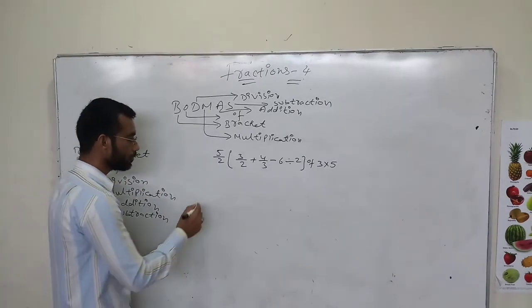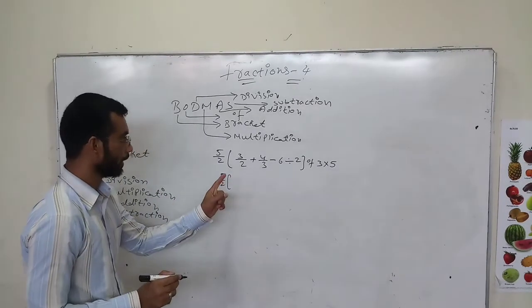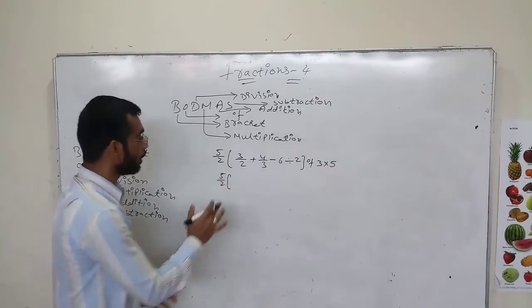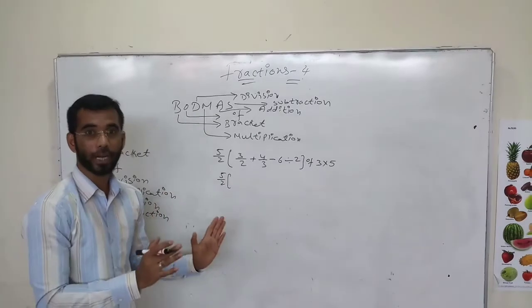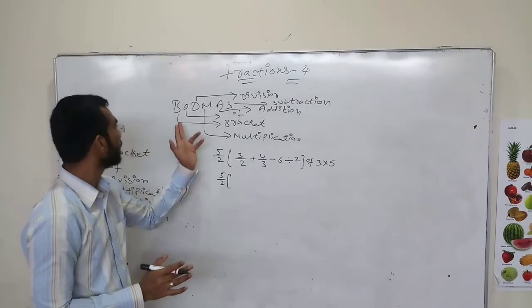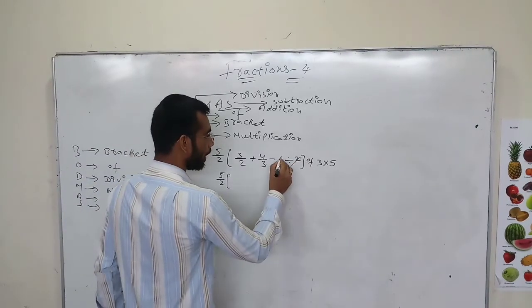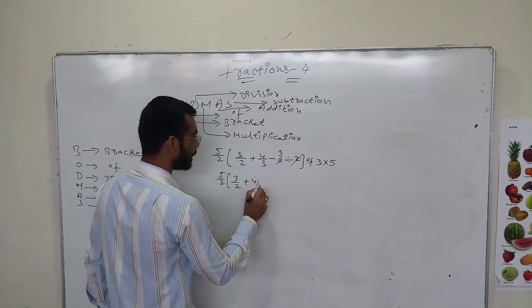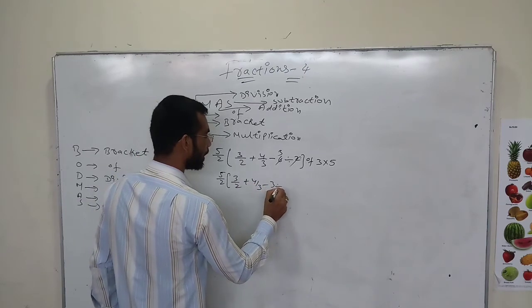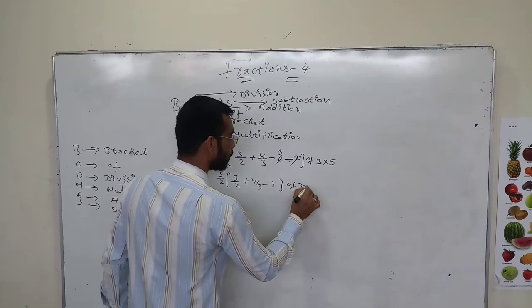Now, 5 by 2 remains like that only. Then go for the bracket. Do you find any of in the bracket? No. Then do you find any division in the bracket? Yes. Division: 3 by 2 plus 4 by 3 minus 3 divided, division finished, of 3 into 5.